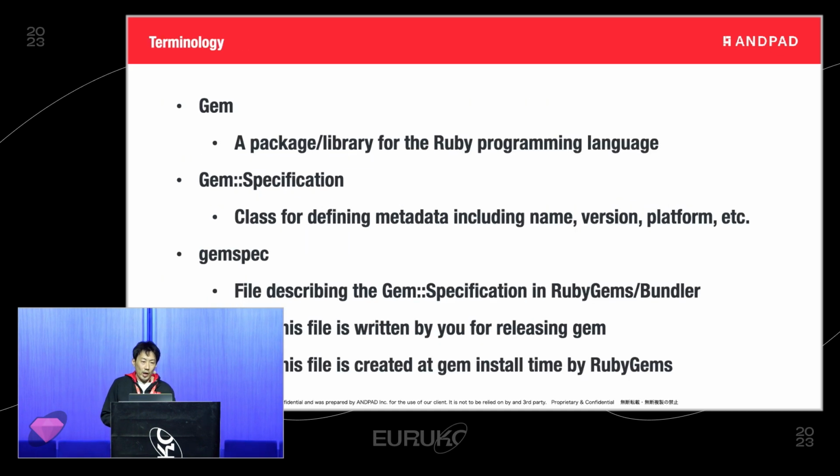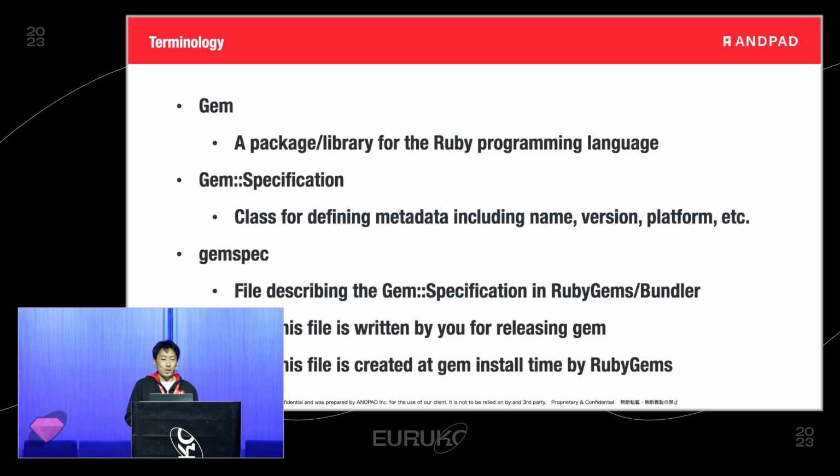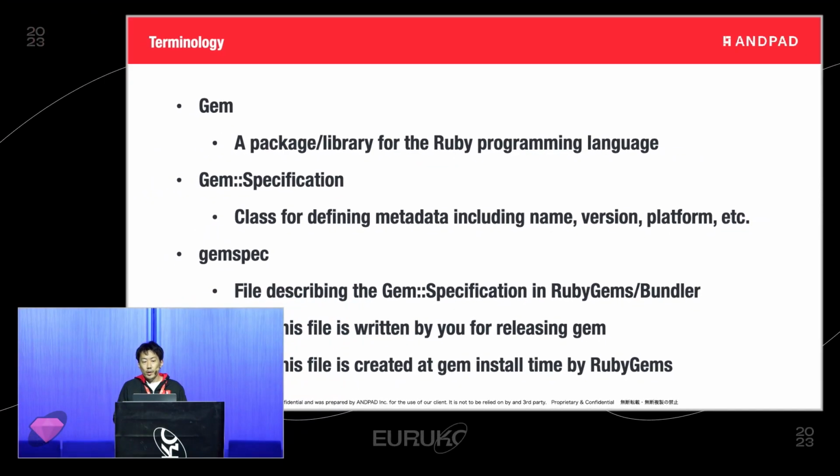Next, I introduce the terminology. A gem is a unit of external libraries, software, or frameworks. A gem specification is a class to define metadata, including gem name, version, platform, and dependencies. A gemspec is the file itself that describes the gem specification.